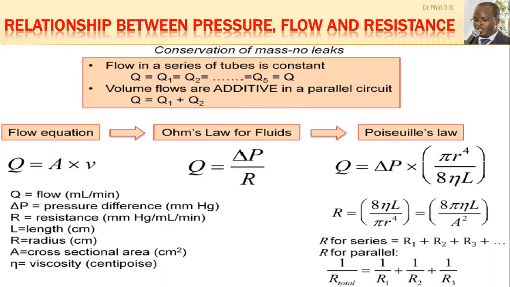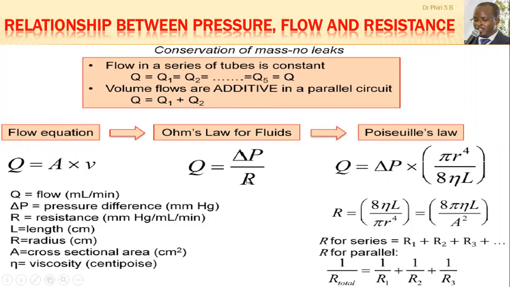So it means that flow will be equal to the cross-sectional area of the tube or the blood vessel multiplied by the velocity. This equation can also be expressed in terms of Ohm's law of fluids. Ohm's law of fluids states that the flow of the fluid is equal to the pressure gradient divided by resistance.